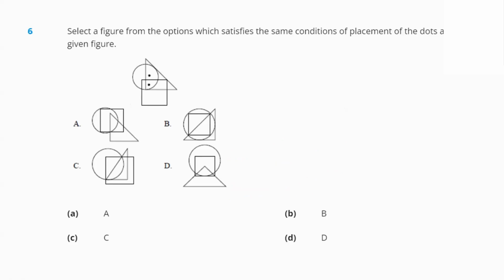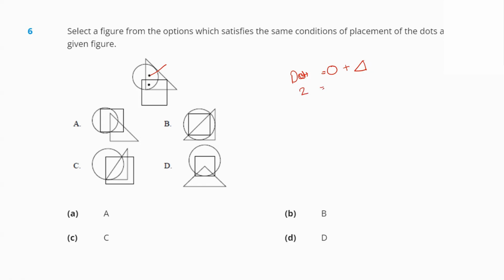Select a figure from the options which satisfies the condition of placement of dots as in the given figure. So for this, first we'll look at dot number 1. In this, dot 1 covers the circle as well as the triangle, but it is not covering the square.